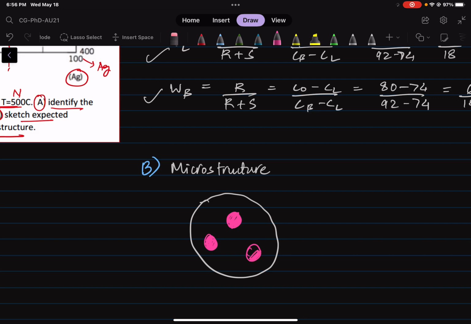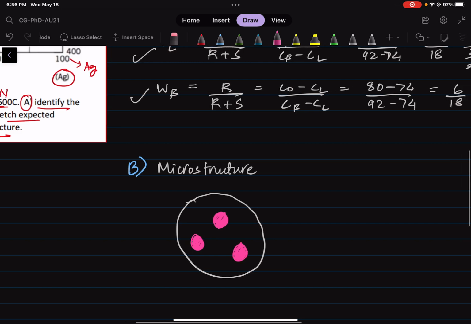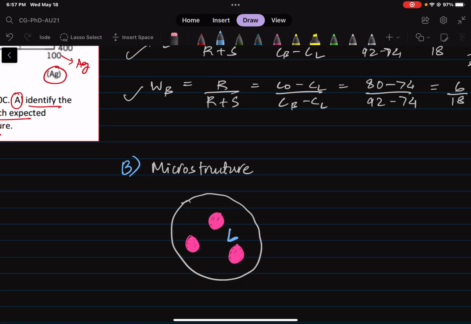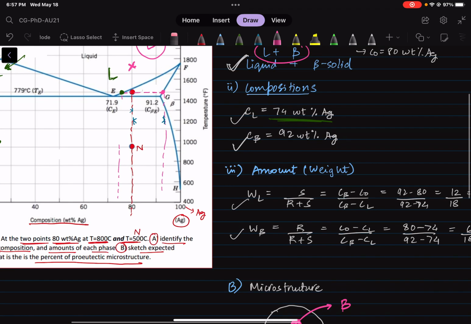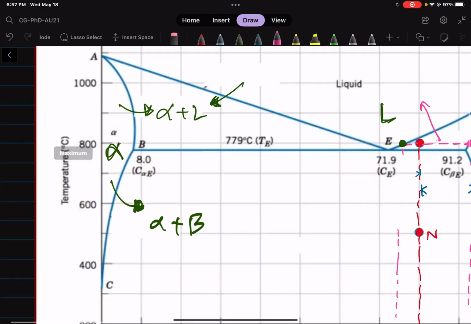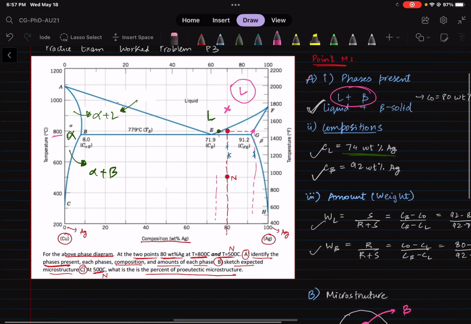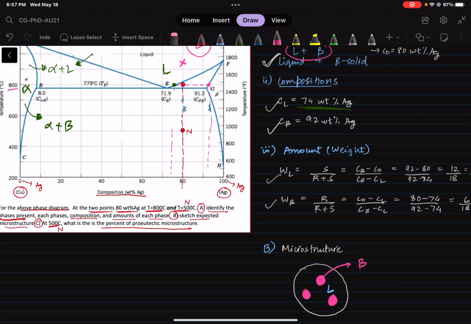So you have these beta that have grown, and then the rest will just be liquid. So the remainder will be liquid, and the pink stuff is basically beta at this point. And this is your microstructure at the point M, which is 800 degrees Celsius. This is the 800 degrees Celsius line.